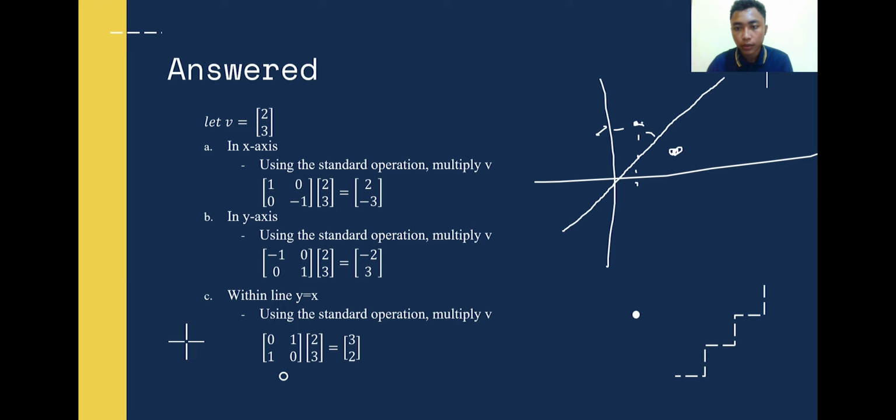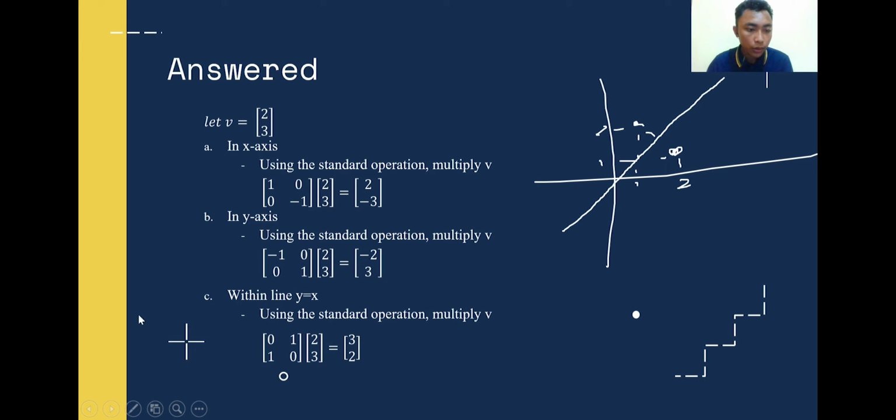So the original coordinate is 1, 2, and we reflect the coordinate across the line y equals x. The coordinate will be changed to 2, 1.